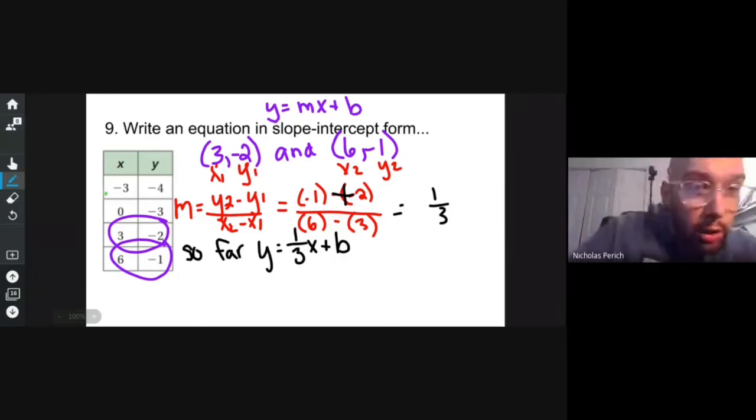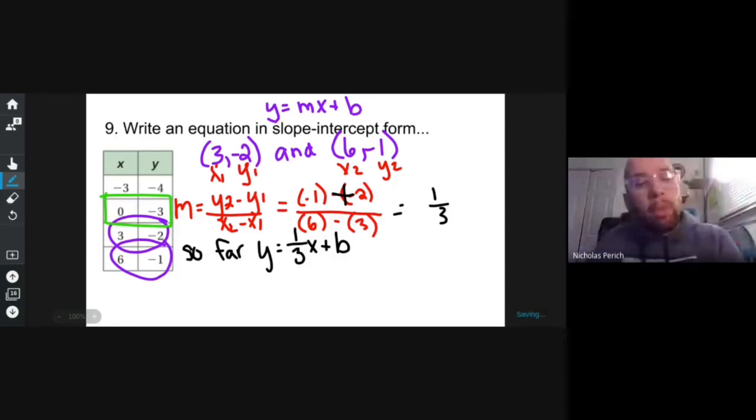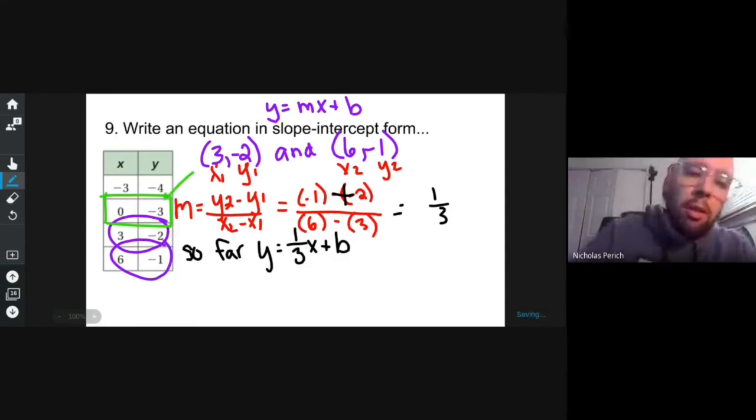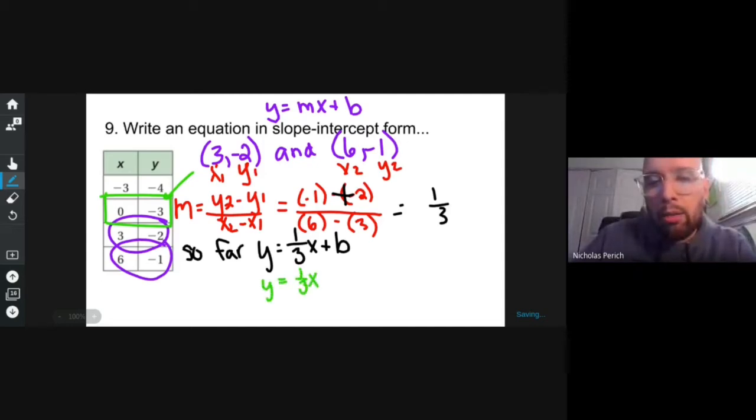B is my y-intercept. Look! When my x is 0, the other number is my y-intercept, which means my y-intercept is that guy. So putting it all together, y equals 1/3 x plus negative 3, or minus 3.